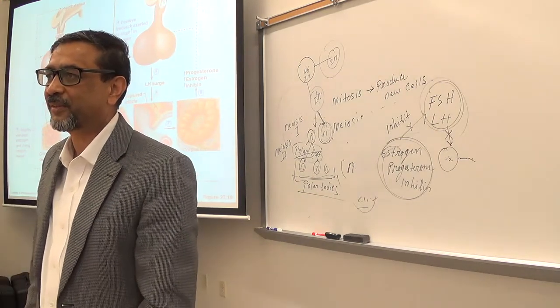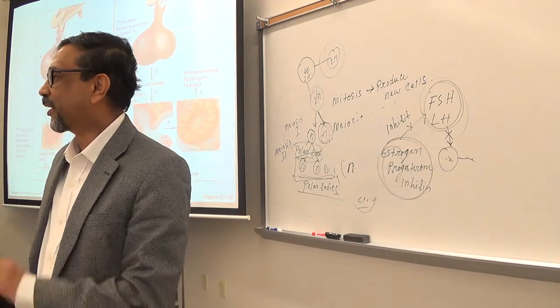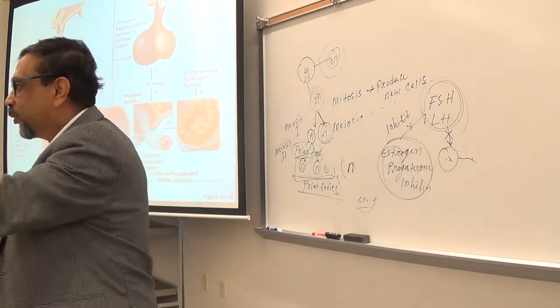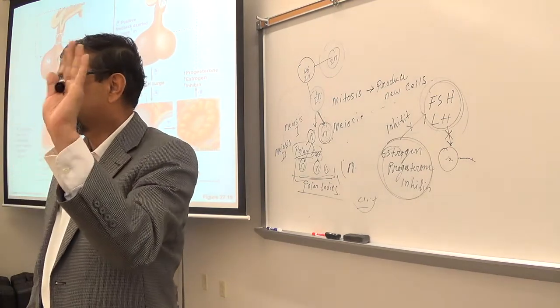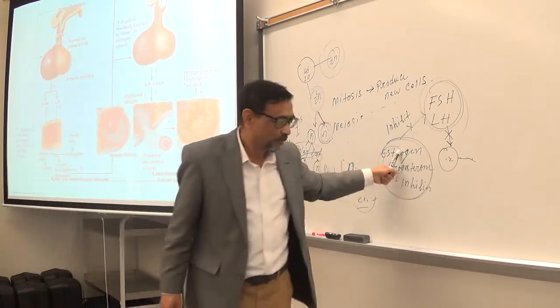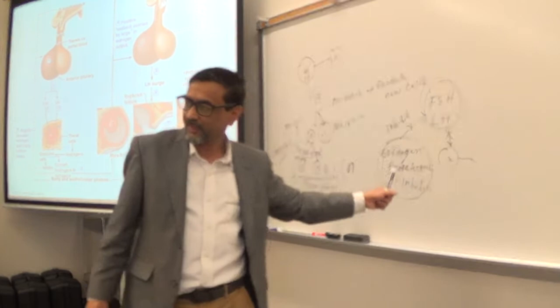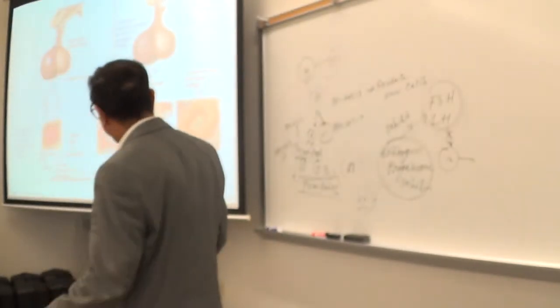Everybody got it? As long as the corpus luteum is there, no ovulation. If the placenta is there, no ovulation, because they both secrete these 3 and inhibit the pituitary.